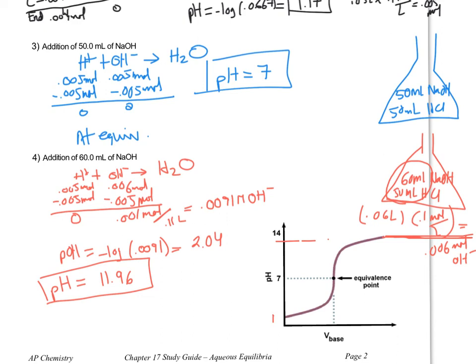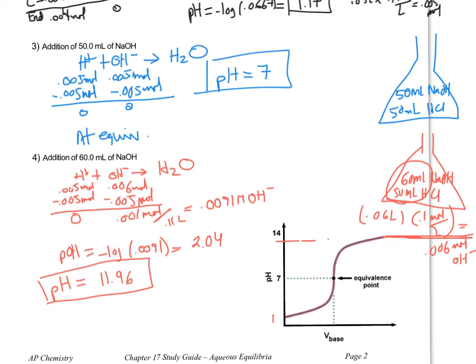Which is, in this case, 10th molar, so the pOH would be 1. So my pH would be 13. And so in this specific reaction, because I'm using 10th molar NaOH, that will always go slowly, and then stay steady. That will approach a pH of 13 in my specific case.